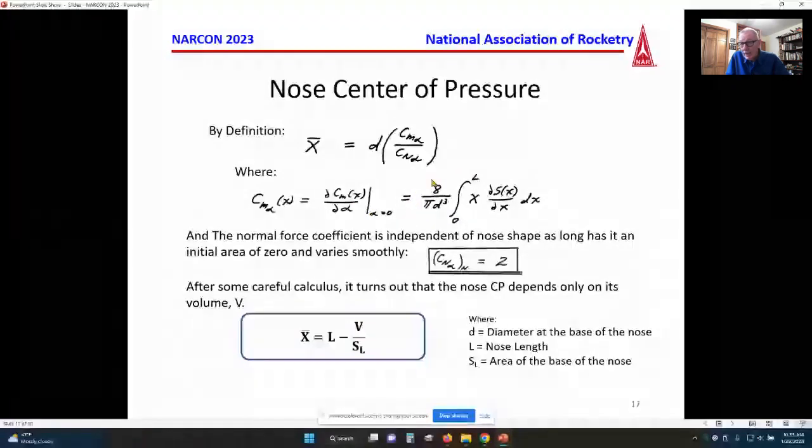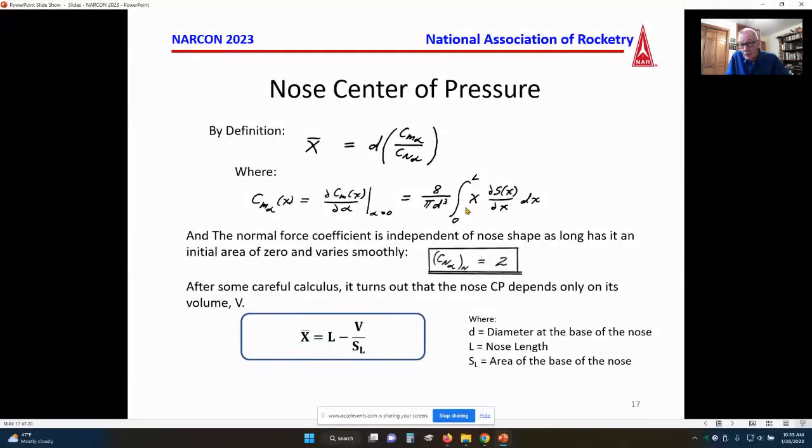You work with that in an integral equation, and you do the integration, and lo and behold, you'll find that the nose is actually dependent only on the volume of the nose cone. And of course, a conical nose cone will have a different volume than an ogive nose cone or an elliptical nose cone. And so you've got to take that into account.